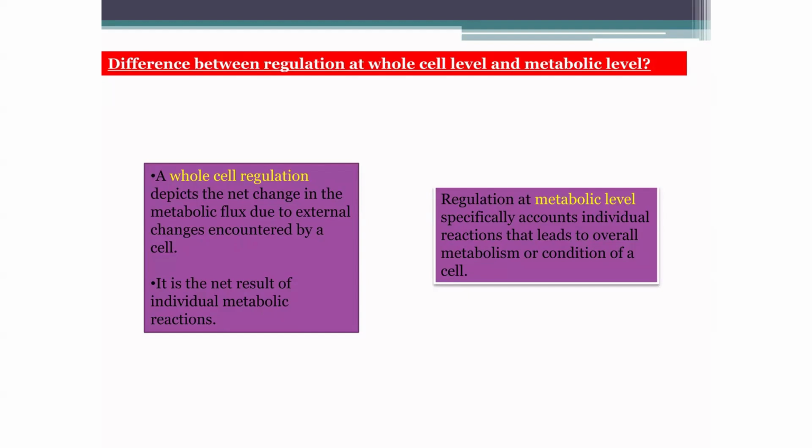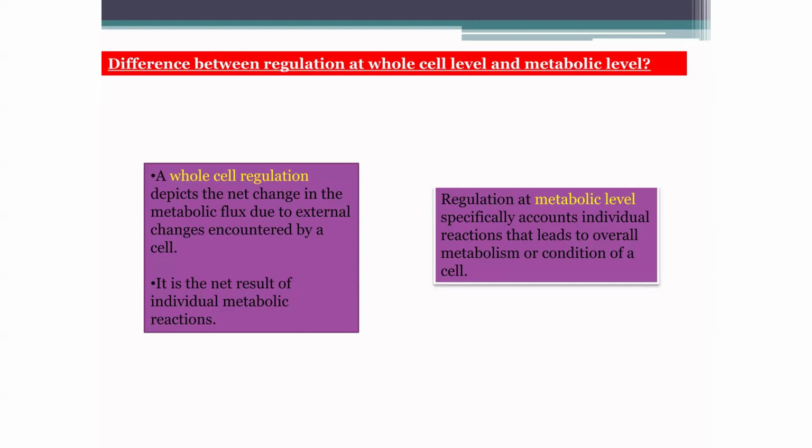So if you have a particular cell and there are external changes in the environment where the cells are found, maybe it is not a problem, maybe something new is introduced into the environment and the cells will interact with it. As a result, there will be changes. So whole cell regulation is a type of regulation that depicts the net change in the metabolic flux.